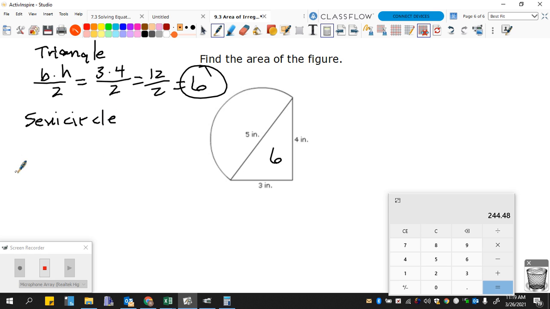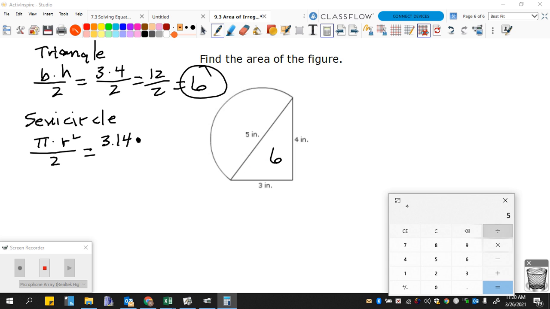Semicircle, that's a half a circle, so a semicircle is pi times the radius squared divided by 2. When we do that, 3.14 times the radius. Now look, this is the diameter here. So the diameter is 5. 5 divided by 2 is 2.5.